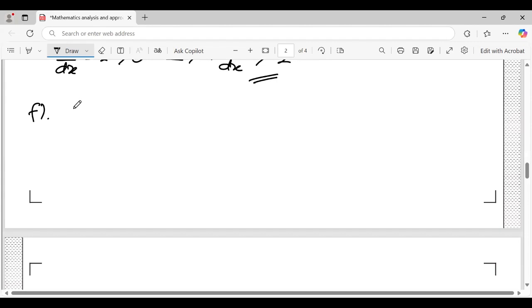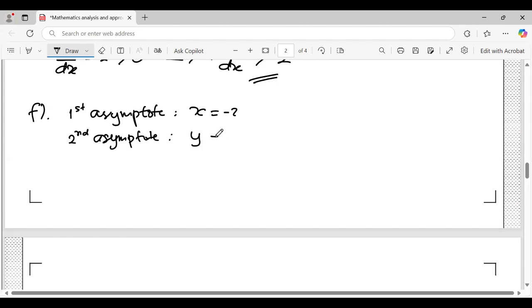So there are two asymptotes. The first asymptote is x equals minus 2, and the second asymptote is y equals 2x plus 2.